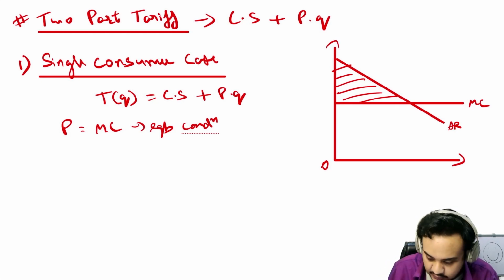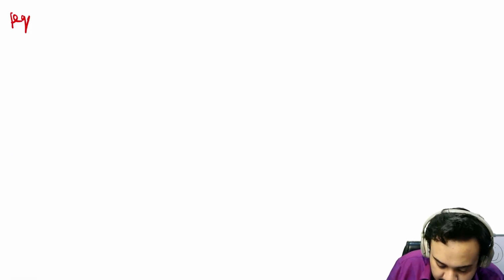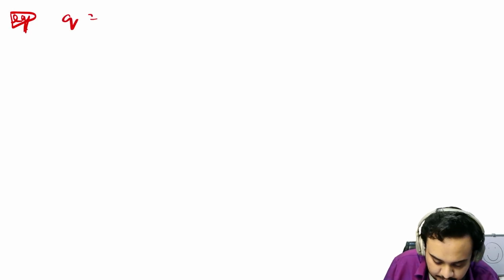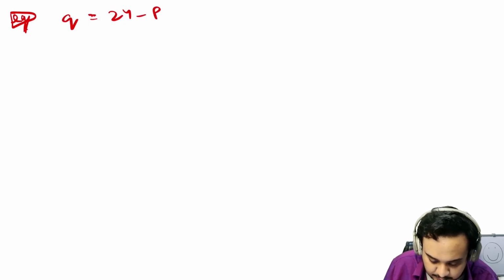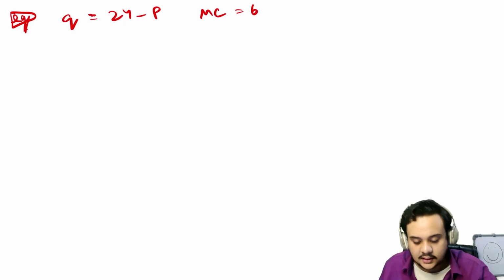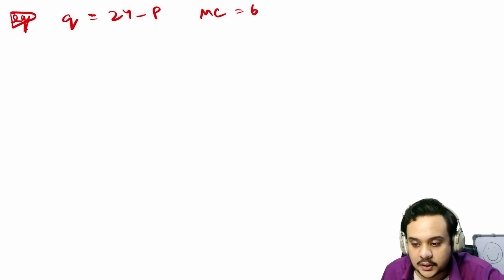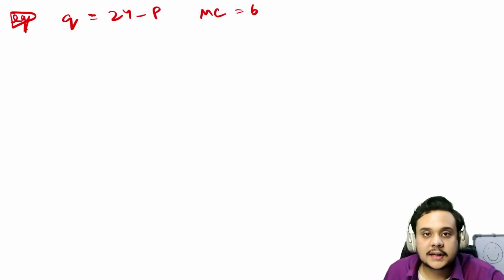Let us take that on a new page. I'll write down the question first. You are given a relationship between quantity and price, which is Q equals 24 minus P. You are given marginal cost as 6. Very simple. So what was the first step?